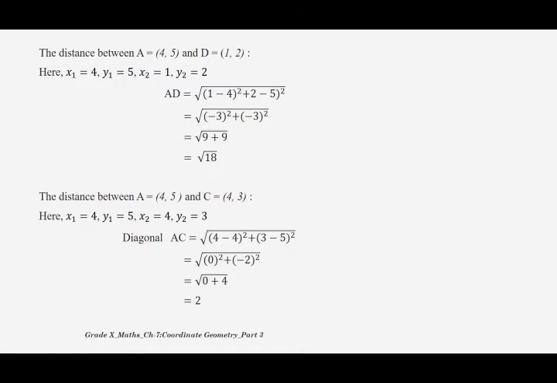Now, to determine what kind of quadrilateral, we need to find the distance of their diagonals also. So, first we'll find diagonal AC and the distance is found to be 2 units.